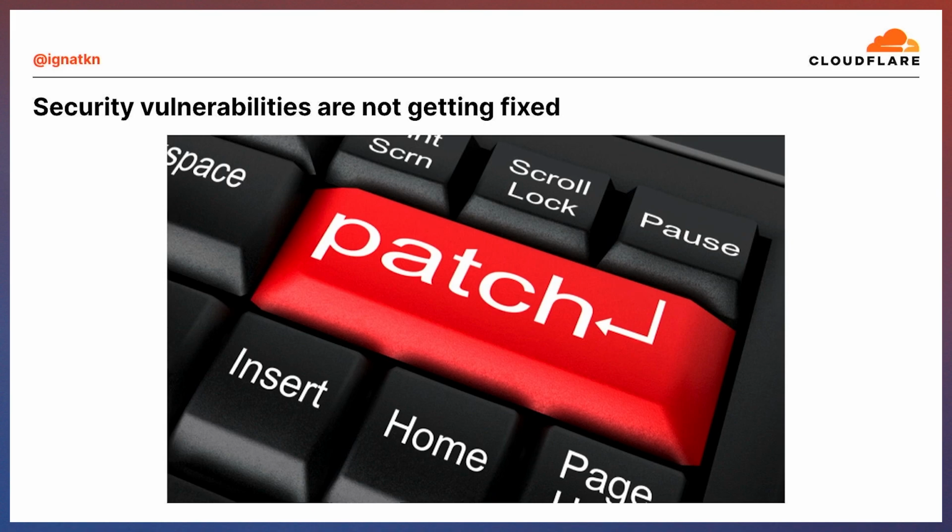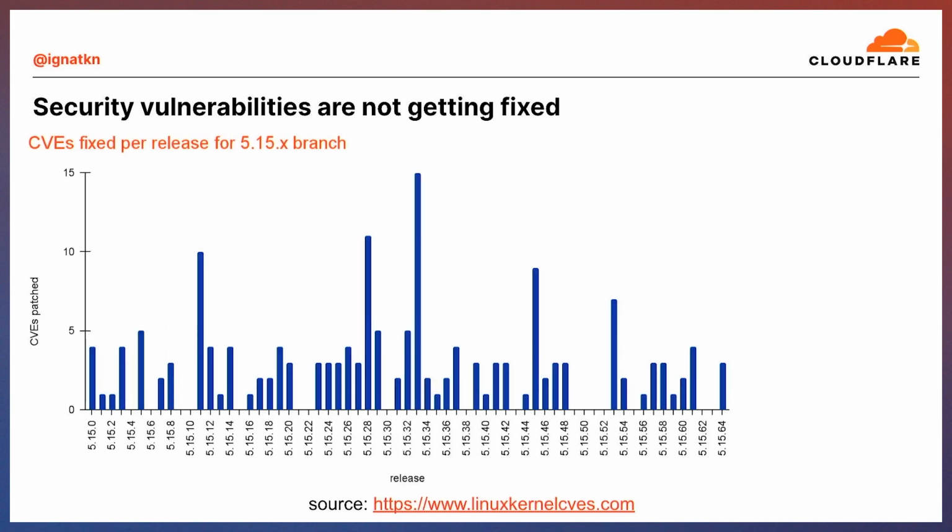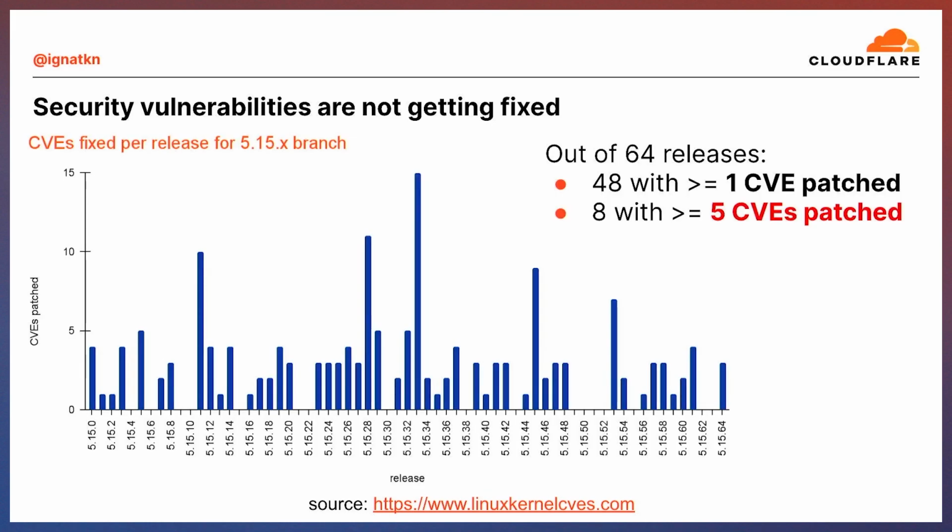Security patching. If you don't apply updates, security vulnerabilities are not getting fixed, right? This is another graph, which is similar, but it only shows you the number of CVEs patched per kernel release. Some statistics: out of 64 releases, because there is no data for the last 4 yet, 48 of them had at least one CVE patched.